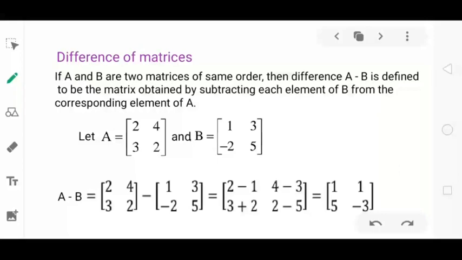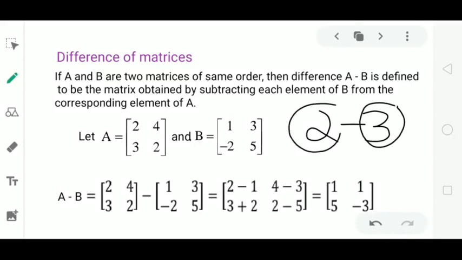We already know that if we have two numbers 2 and 3, then 2 minus 3 implies subtraction of the number 3 from 2, which results in minus 1.